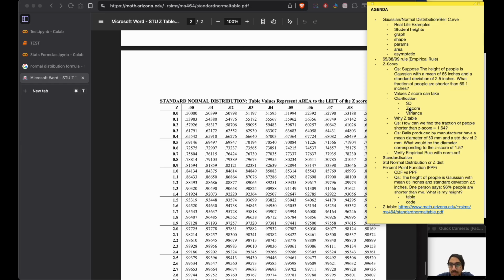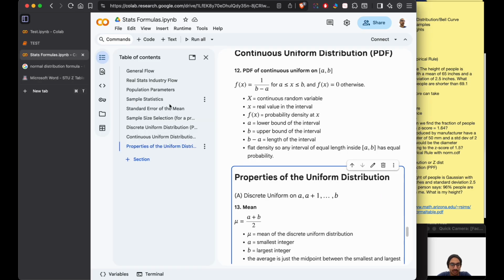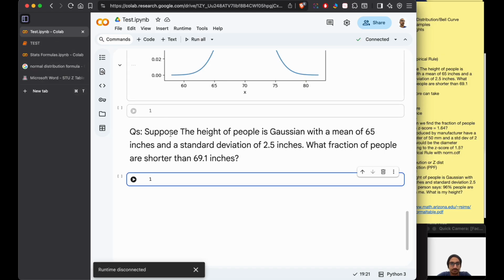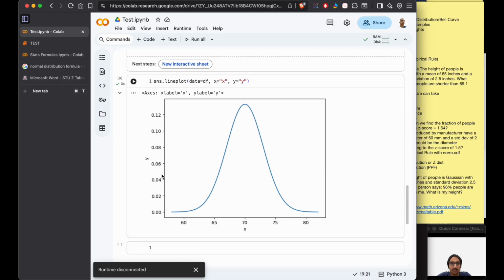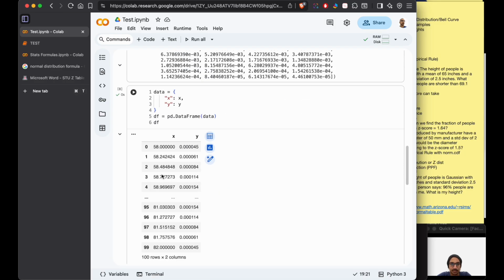Now let's go to the next step. We already saw why we take the z-table, right? So that is one thing. Oh, okay, by the way, we can solve this question using Python code as well. We have a Python package. We already saw norm.pdf here, right?